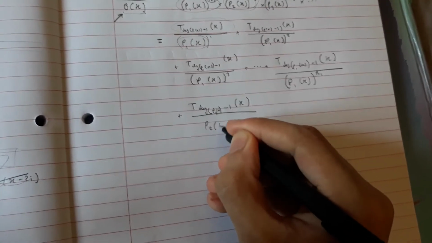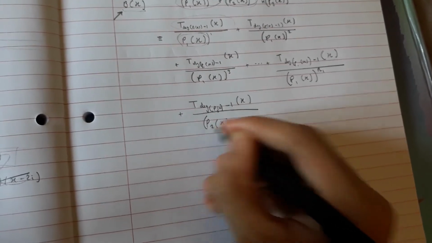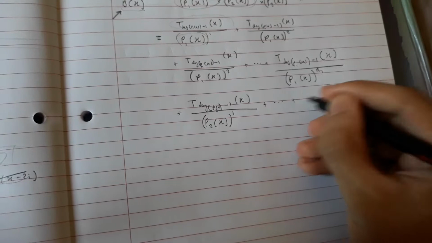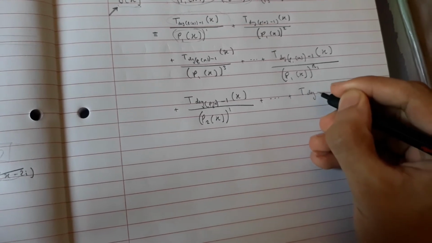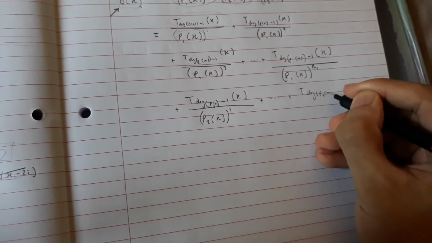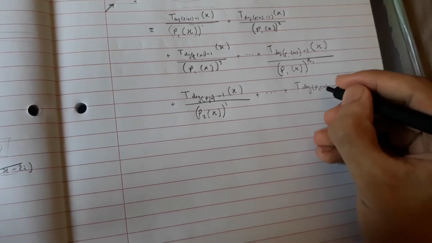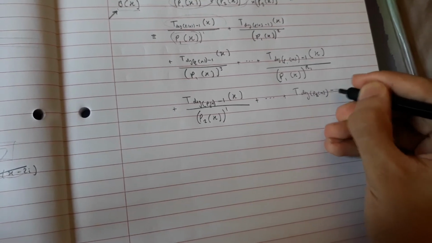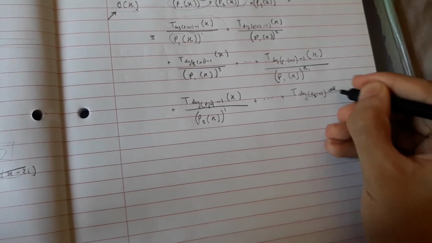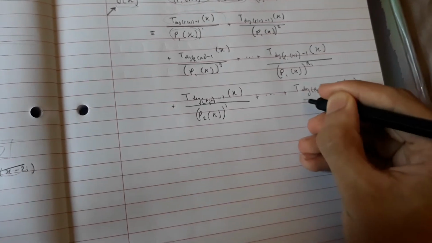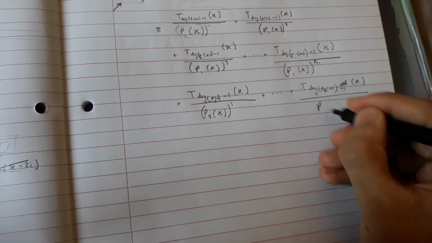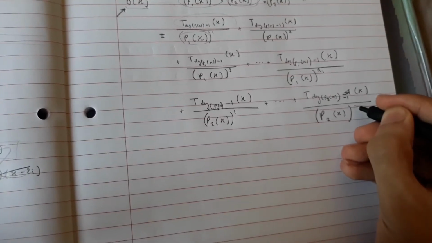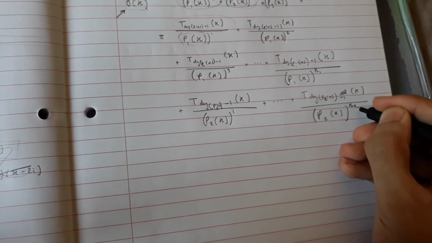Then on the bottom we have p2 of x, all to the 1, and all the way up to T of degree p3. Oh wait, no, p2 minus 1, all the way up to n2.